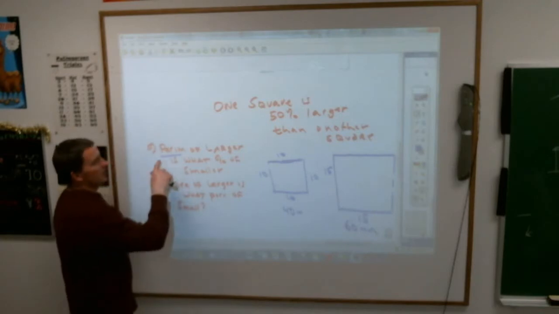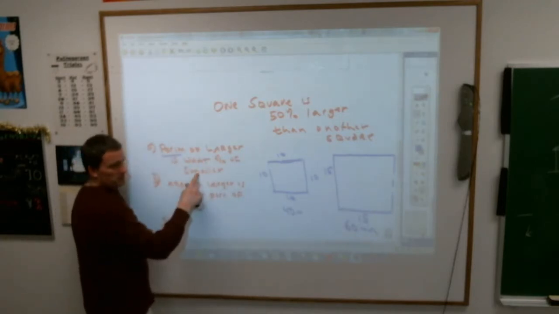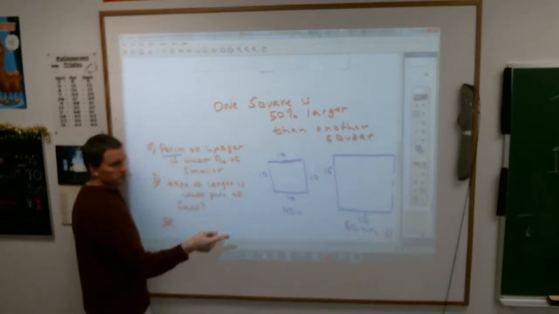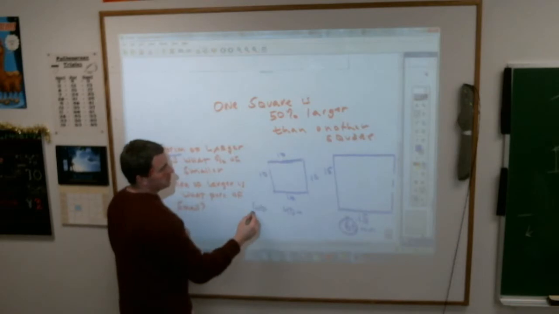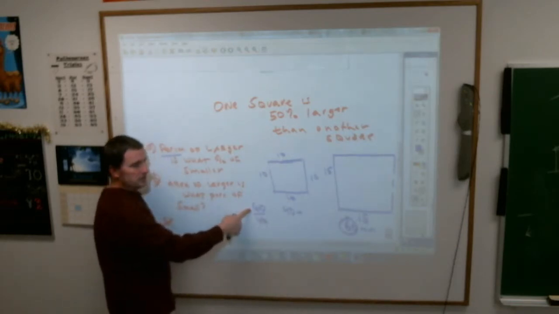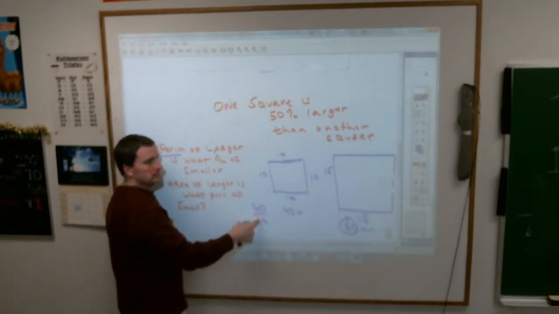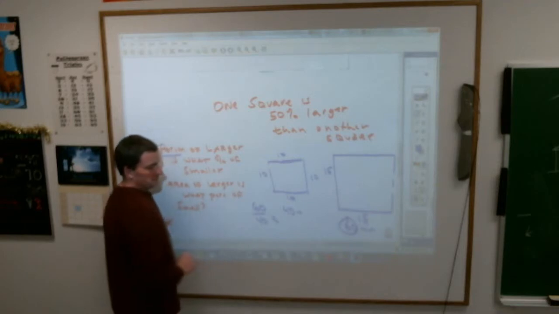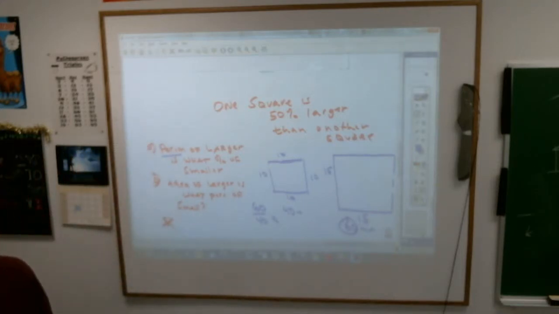So if I asked you, the larger one is what fraction of the smaller? Larger over smaller. That's what fraction it is. Instead of fraction, they ask me for percent. Did I do that right?